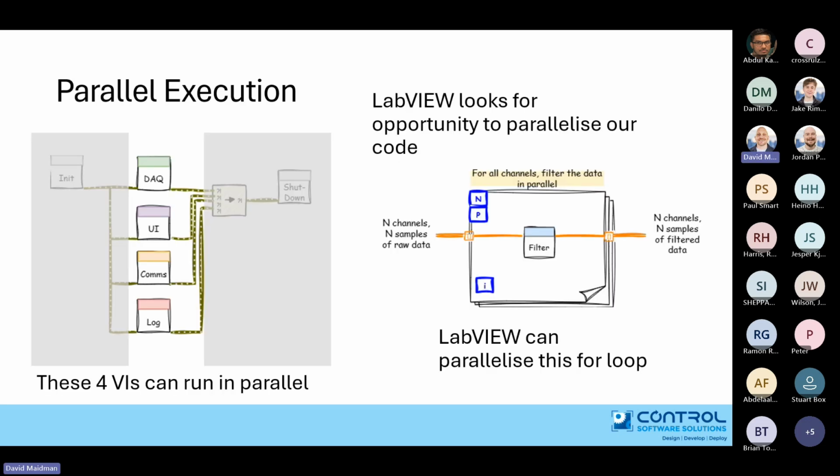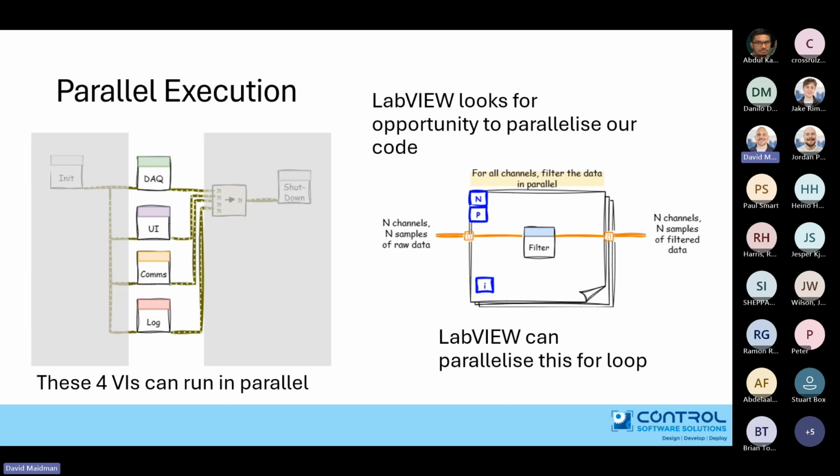So when the compiler is working, it's looking for opportunities to be able to parallelize your code. So in this instance here, these 4 VIs can run in parallel. Okay. If these are all set to normal priority and all set to standard execution system, and my calling VI main is standard execution system, that's okay in this instance.